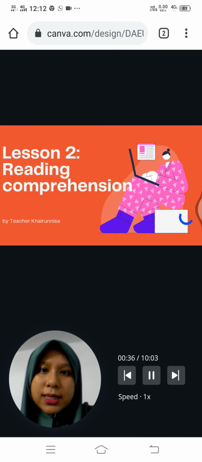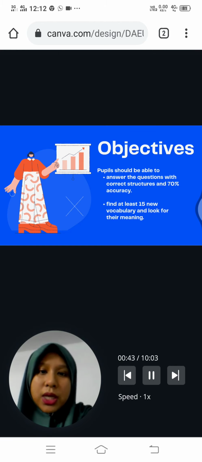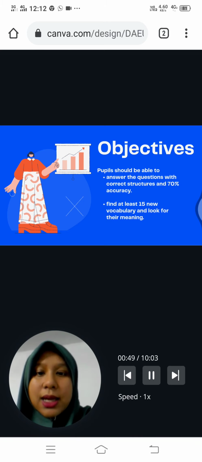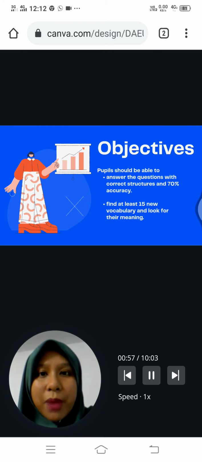Let's move on to our lesson objectives. Our objective today is that you pupils should be able to answer the question with correct structures and 70% accuracy. That means you write it correctly, structurally correct, with good spelling, as well as the right answer.